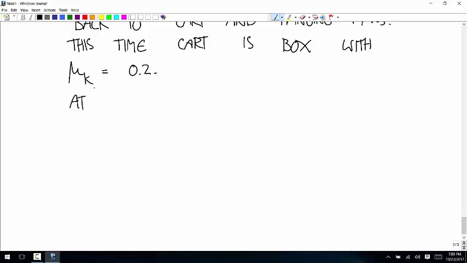And at the instant of our calculation, the box is sliding to the right.